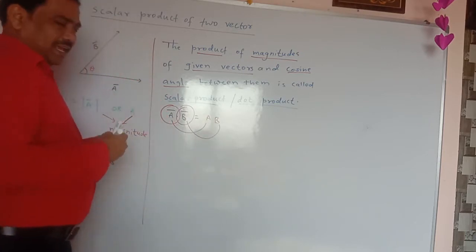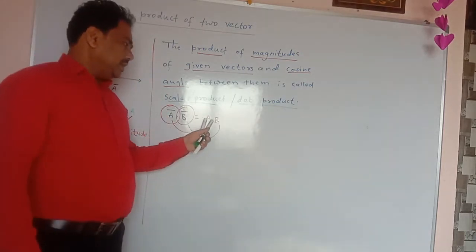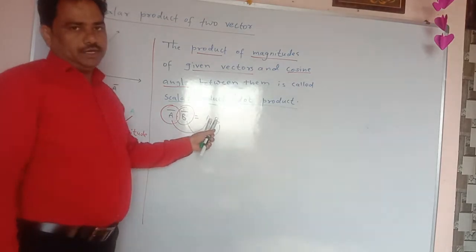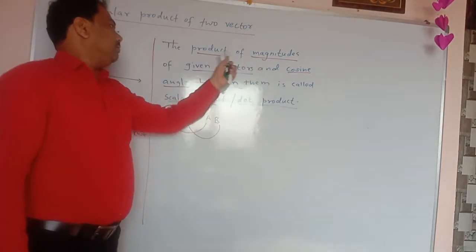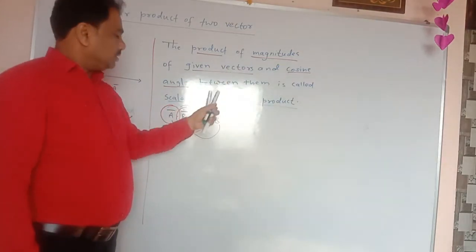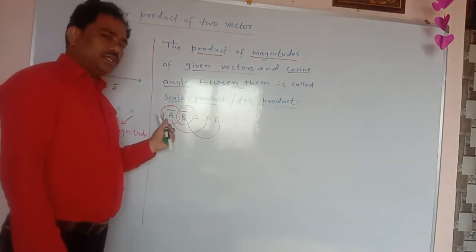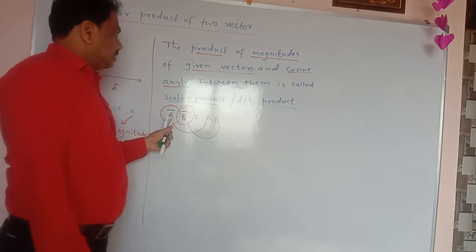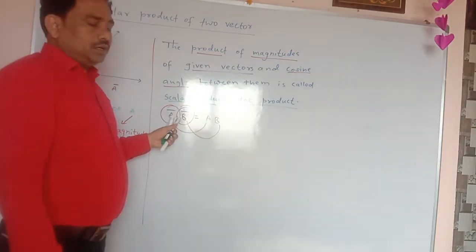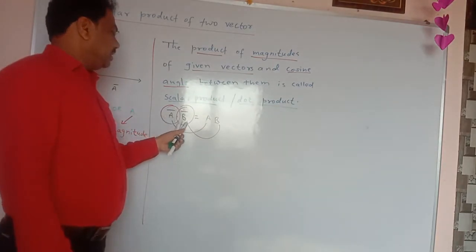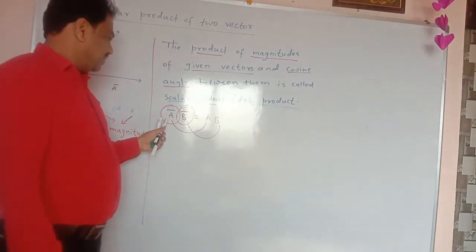So AB represents the product of the magnitudes of vectors a and b. Whatever the vectors given to us, we are taking the product of their magnitudes, that is, of vector a and vector b.